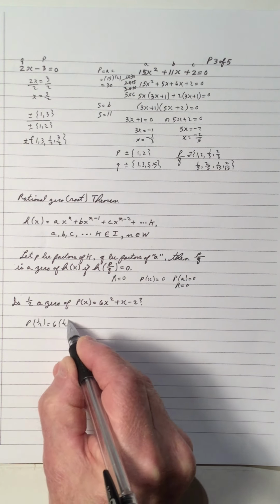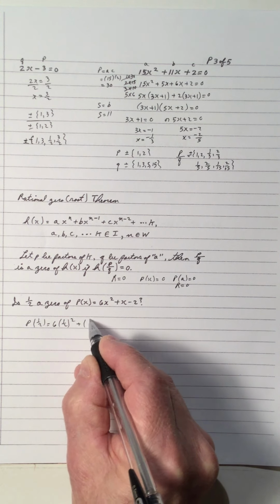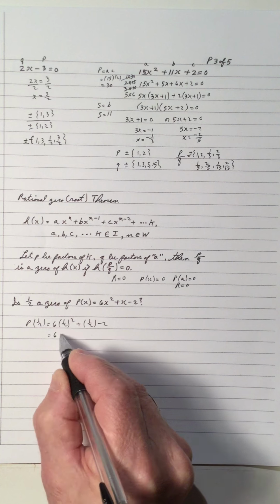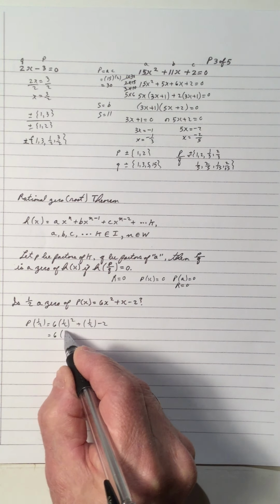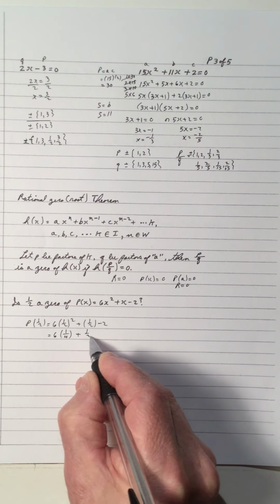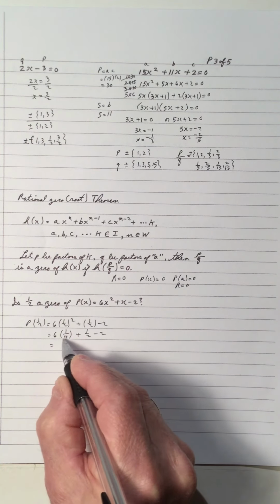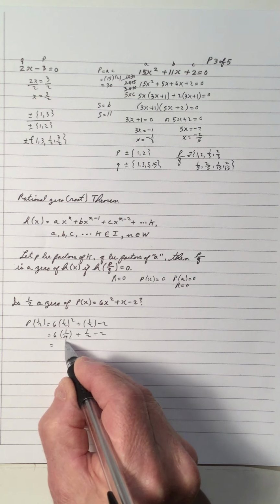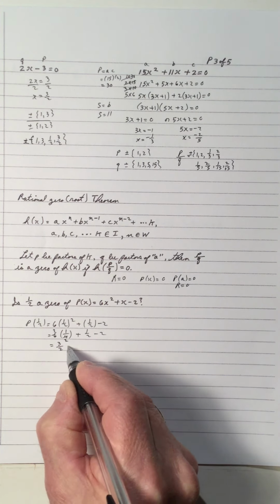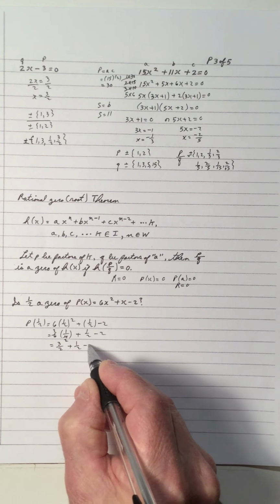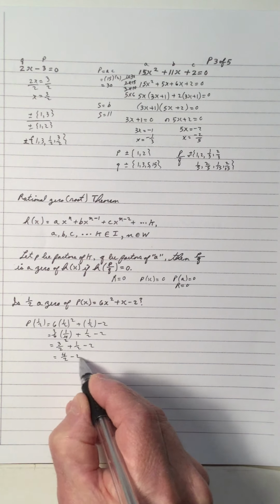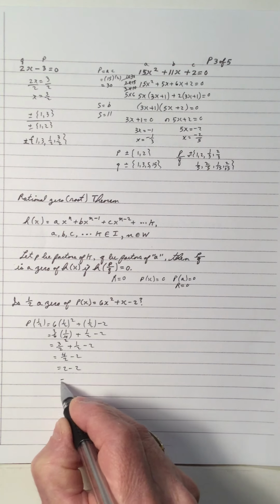So I sub the half in, and 1/2 squared, 1 times 1 is 1, 2 times 2 is 4, so 6 times a quarter is 3 over 2, plus a half minus 2. So 3 over 2 plus a half is 4 over 2, minus 2. 2 minus 2 is 0.